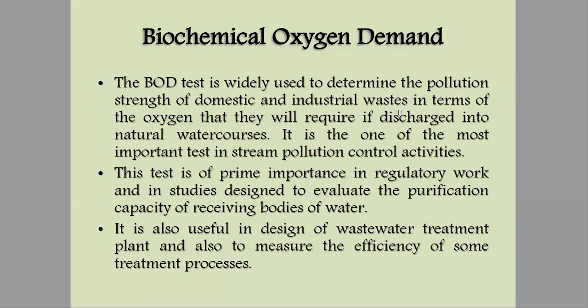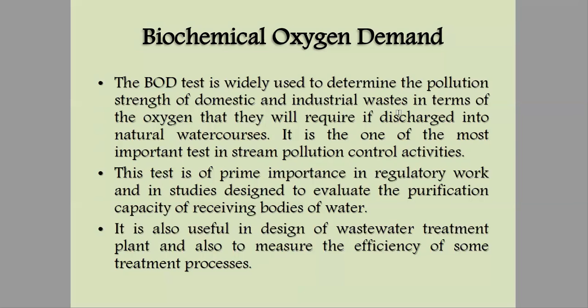The BOD test is widely used to determine the pollution strength of domestic and industrial waste in terms of the oxygen that they will require if discharged into a natural watercourse. Okay, so the BOD test is widely used, as I told you earlier, to determine what? The pollution strength, means the extent of pollution of domestic wastewater or industrial wastewater.